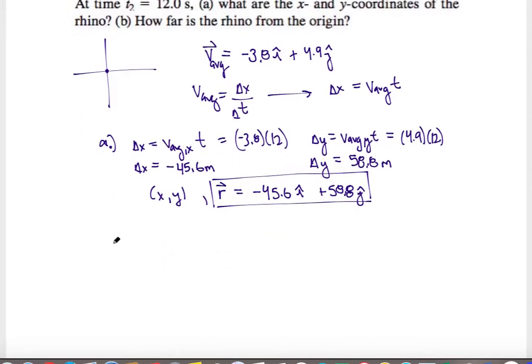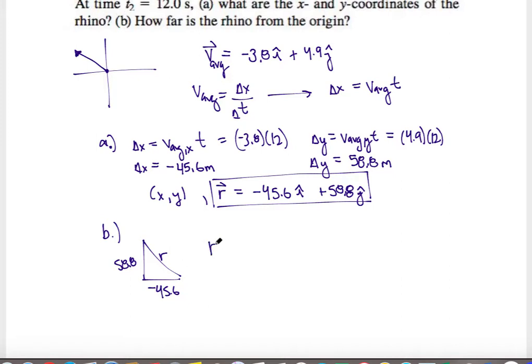Thankfully, I wrote this as a vector, so the next part is how far away is the rhino from the origin? My vector is something akin to this. So I'm negative in the x direction and positive in the y, so I'm up here somewhere. And I want to find this position. I get this from a triangle, right? So my x is 45.6, my y is 58.8, and this right here is my vector r, so that is my distance.